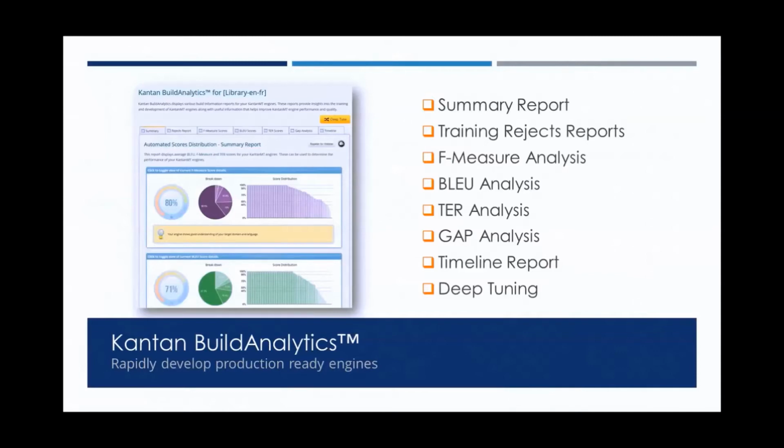And to do that, we've built a whole range of technology called Kantan BuildAnalytics. And this is a data analytics and visualization technology that helps engineers really measure the value, the quality, and the state of their machine translation engines.